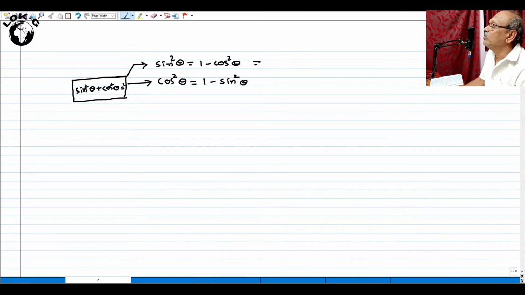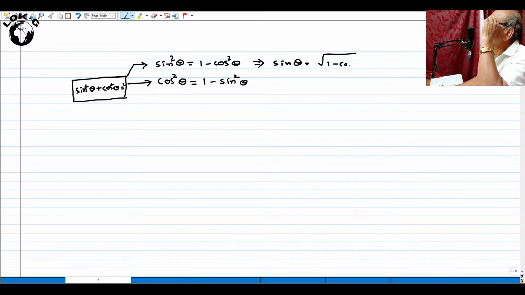If you take square root on both sides, what do you get? Square root of sine square theta is sine theta. You can write sine theta as root of 1 minus cos square theta. Similarly, if you take square root on both sides, you get cos theta is equal to root of 1 minus sine square theta.